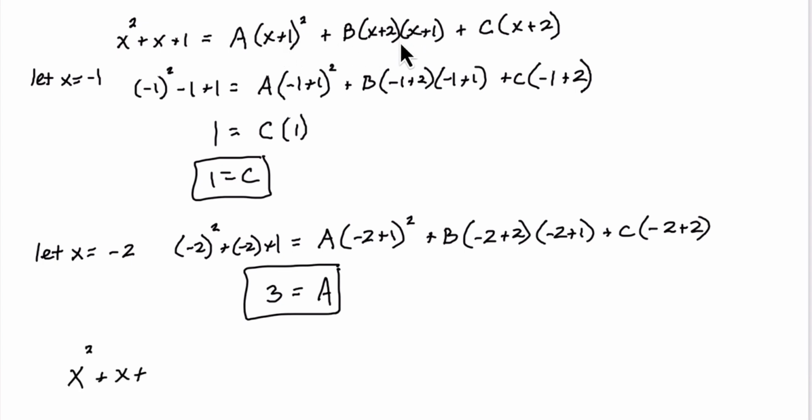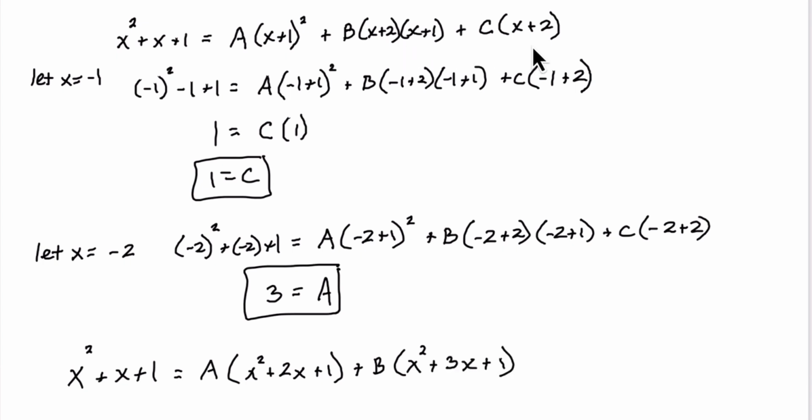Plus x plus 1 equals A times, square the binomial here, we get x squared plus 2x plus 1. Next we'll FOIL this out. That is B times x squared plus 3x plus 1. And then we don't really need to worry about this one, but I'll just show it. C times x plus 2.